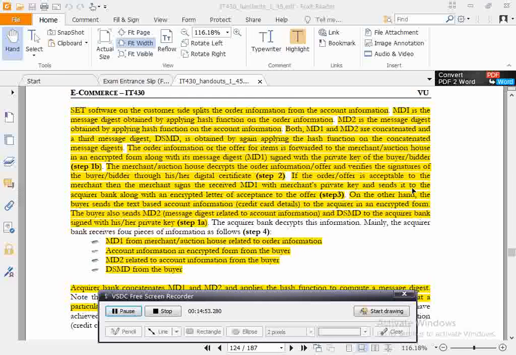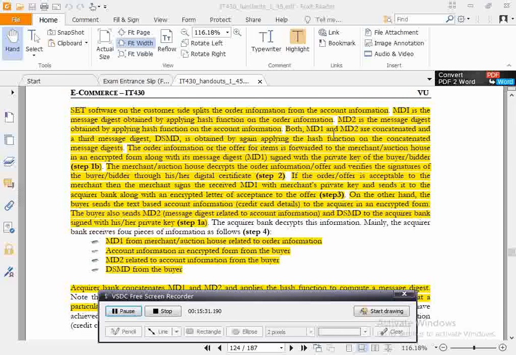Here the SET software on the customer side splits the order information from the account information. MD1 is the message digest obtained by applying a hash function on the order information. MD2 is the message digest obtained by applying a hash function on the account information.